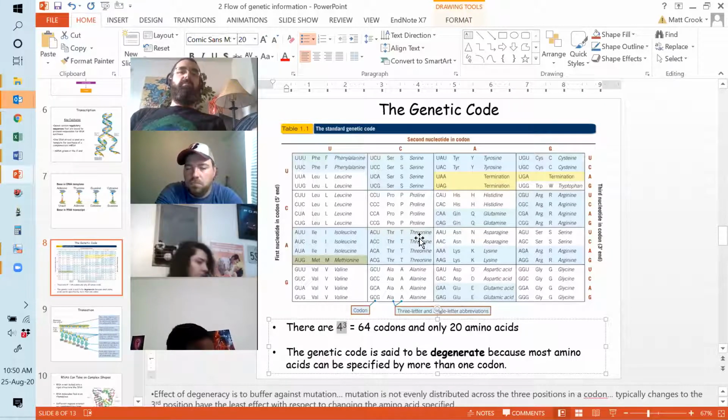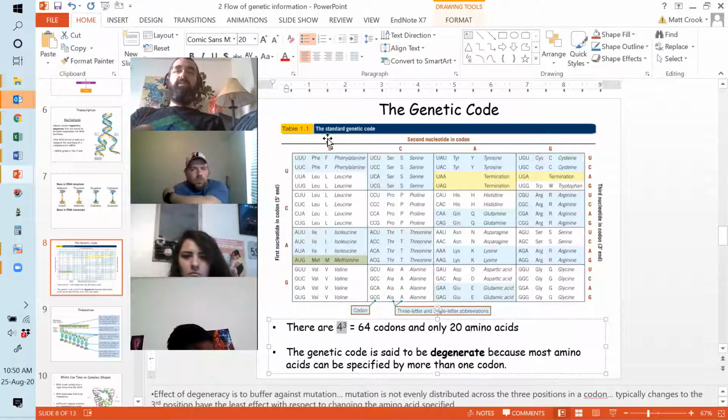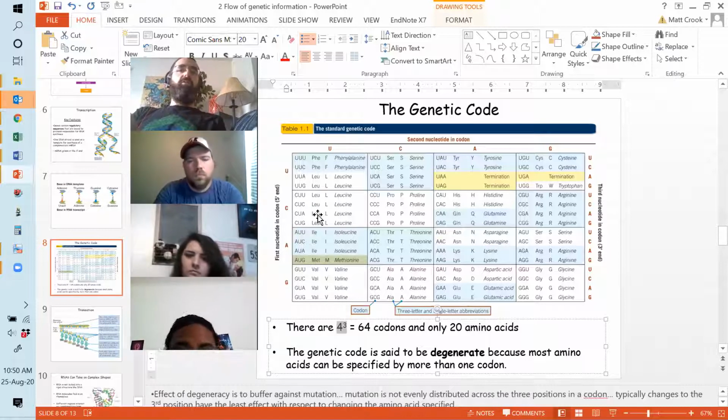But using those just 4 letters, if you group them together into words of 3 letters, you're actually able to make 64 different words. And really, this is what you see here, right? All of these different words encode for different amino acids.